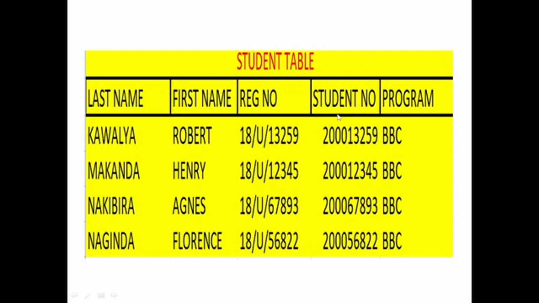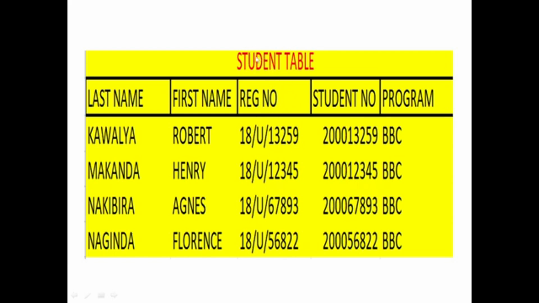And then we have here the student number. You can see everyone has a unique student number. So there we can enforce a constraint that we call unique, and here a constraint that we call primary key.